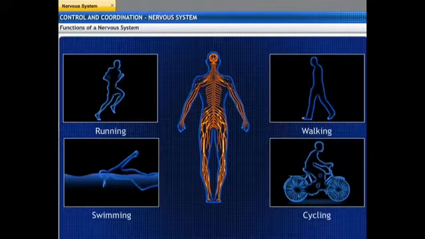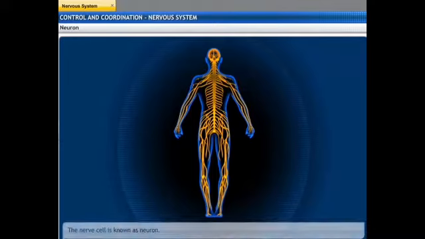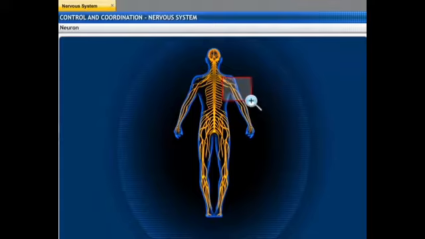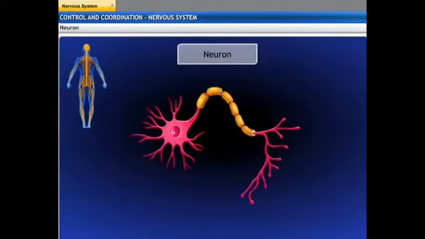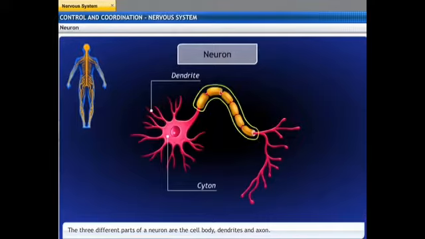These actions are running, swimming, walking, and cycling. So by the coordination of the brain it occurs. And inside the brain we have the neurons, which are nothing but nerve cells. Let us focus on the typical structure of a neuron. If you observe it, it mainly consists of three major parts: the cell body, that is the cyton, the dendrites, also known as the dendron, and the axon.